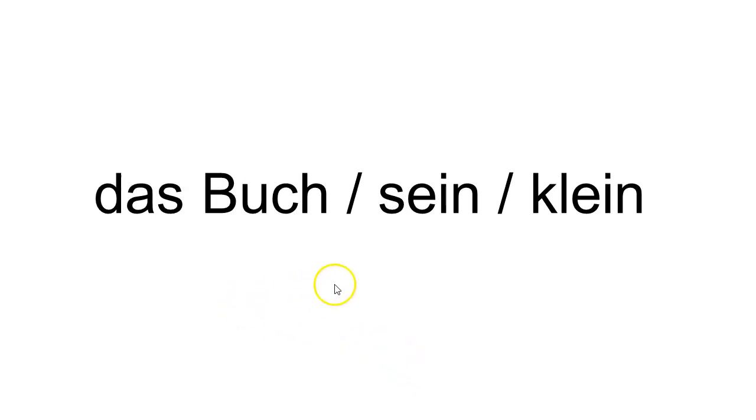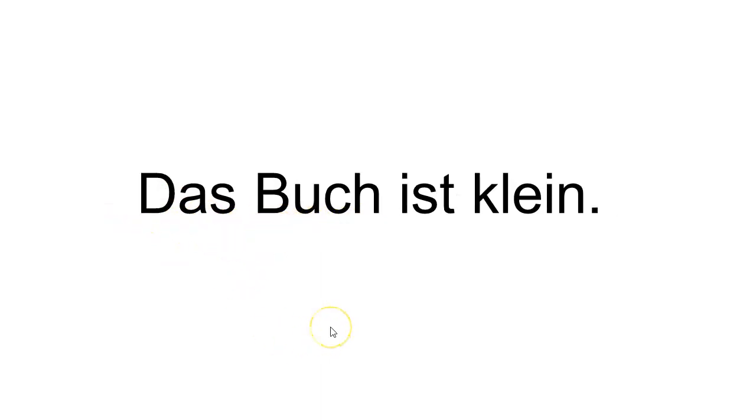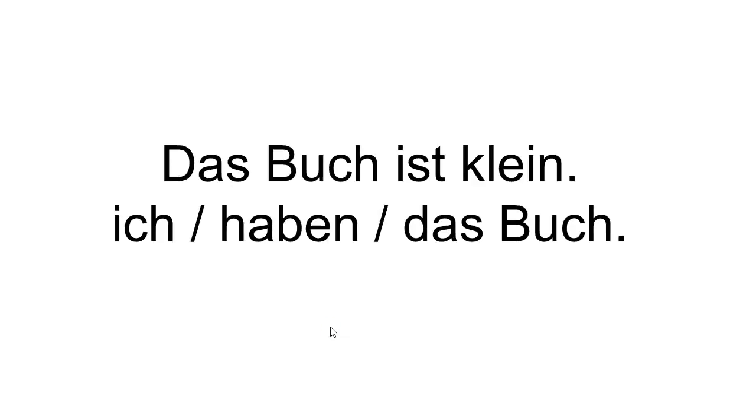The book is small, and we're going to alternate cases here. So das Buch, klein, we want to say the book is small, so the book is the nominative, it's a subject. Das Buch ist klein. Okay, so we know how to say the book is small with the book as the subject.